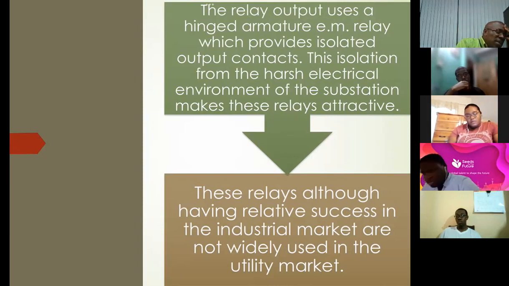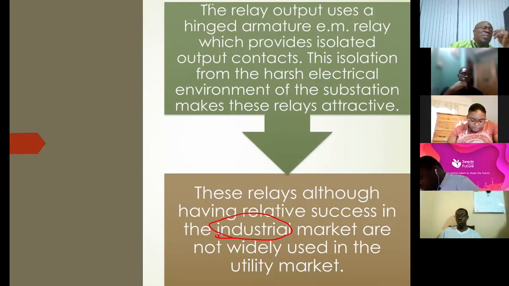So you're going to find these mainly in a factory setting. They are good enough. And as a matter of fact, many of these relays, when they came into the current utility, didn't last very long. They came in and went very quickly because they were replaced by what is now there, which are your digital relays.